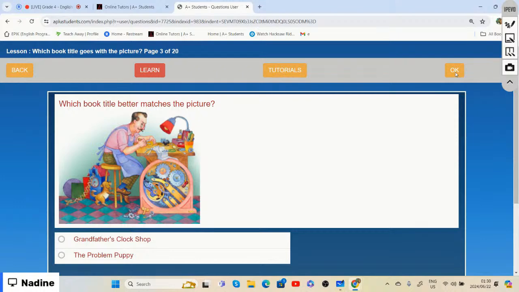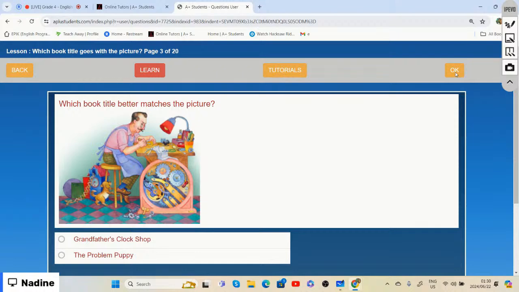Is it option one, Grandfather's Clock Shop, or is it option two, The Problem Puppy? What do you think will be the best match for this picture? So, which book title better matches the picture?